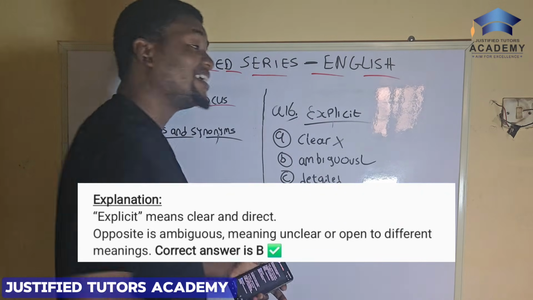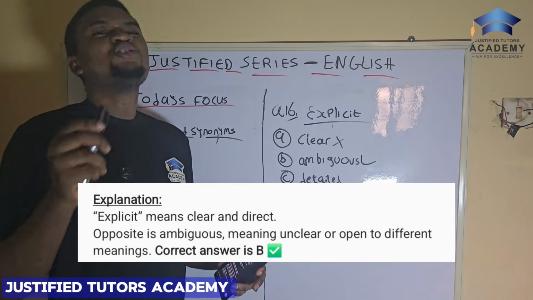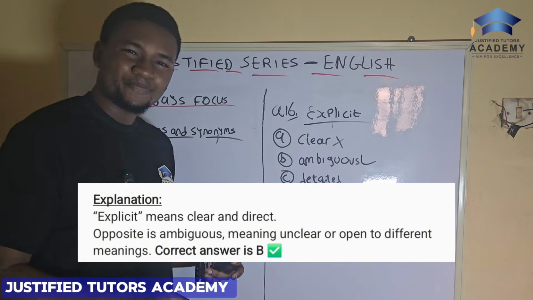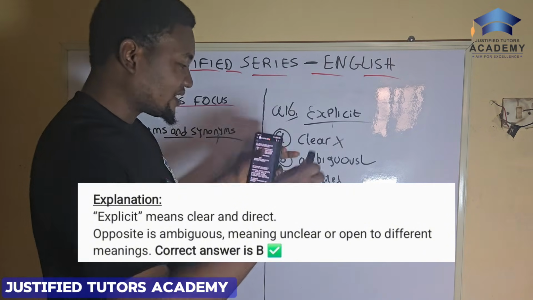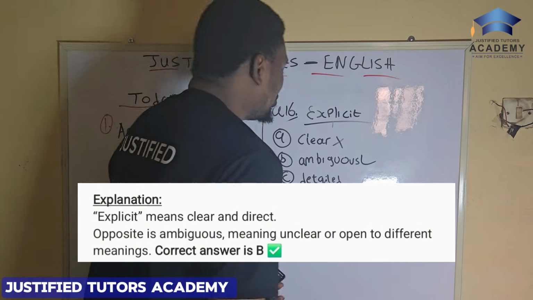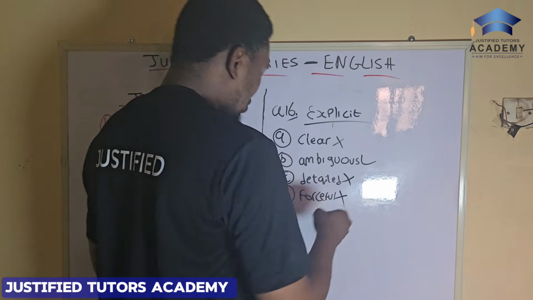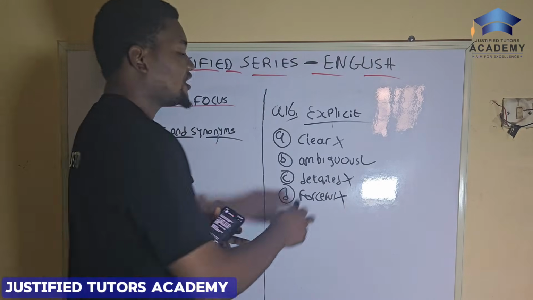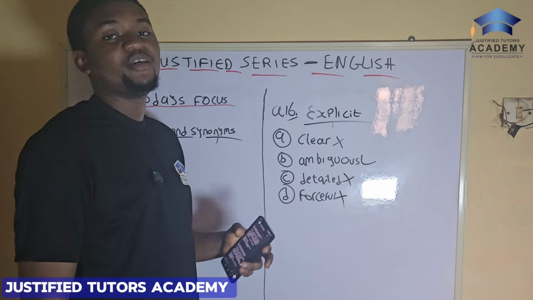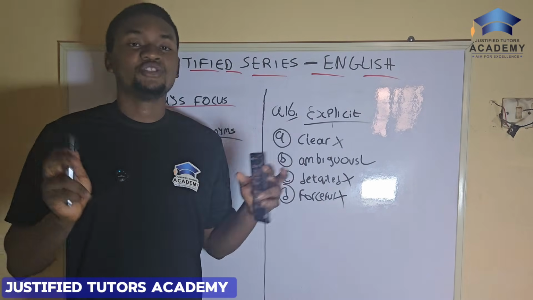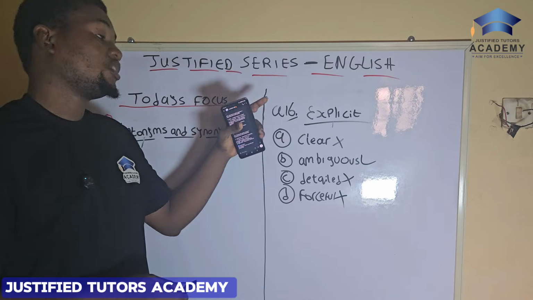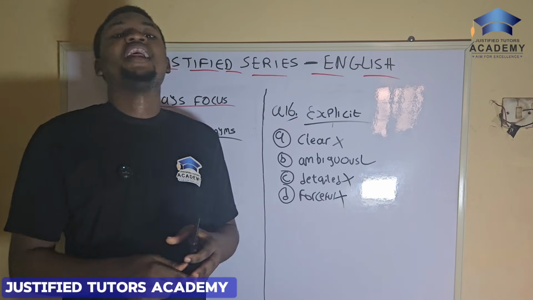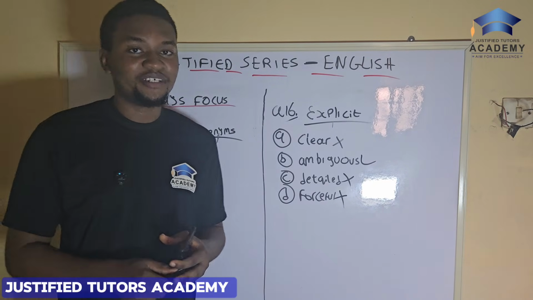Now for C, detailed. Detailed also means something that is explicit, that is clear, because it is detailed. While forceful does not correlate at all. So therefore our final and most correct answer is B, as ambiguous is the opposite meaning to the word explicit. All right, let's move to question 17.